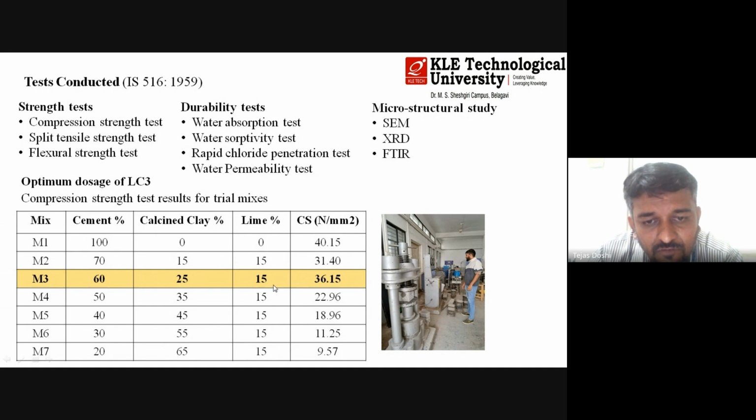So this is the combination which is taken up based on the compressive strength, standard consistency, initial setting time, and final setting time. So this mix has been considered for further analysis.